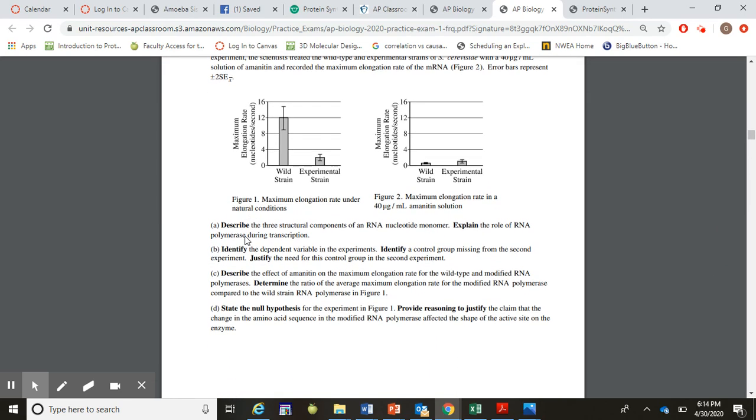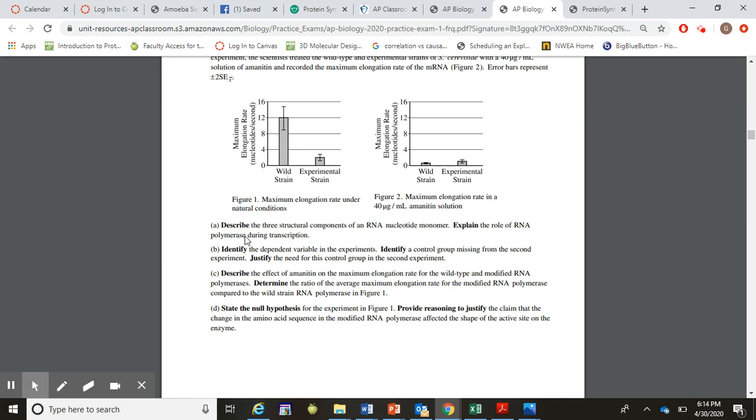And again, remember, a null hypothesis says that the independent variable, what you're changing, is going to have no impact on what you're measuring. So if we see a difference between the two, especially if their error bars do not overlap and there's a significant difference, we can actually start to say, okay, the change in the amino acid sequence of the RNA polymerase actually did impact the maximum rate of elongation, because you can compare the two and see their error bars not overlapping and that there must be a difference.